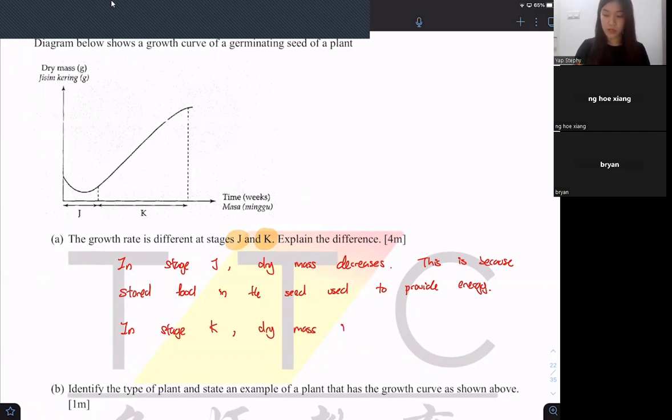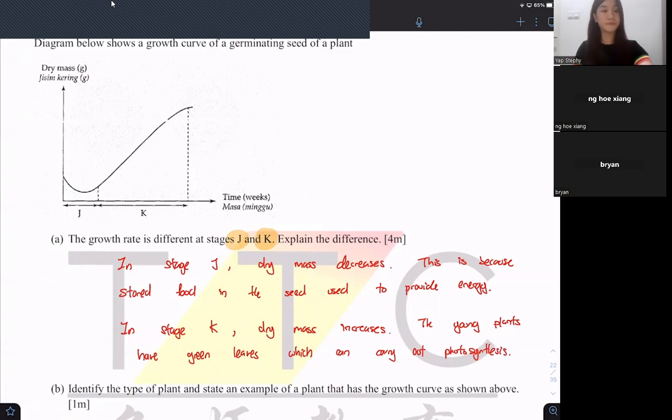In the stage K, dry mass increases because you have a leaf, you can undergo for the photosynthesis already, okay? So the young plants have green leaf which can carry out photosynthesis. Yeah, like this.